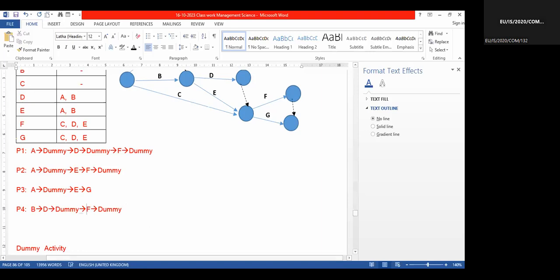B, D, B, D, dummy, F, dummy. Right? Then again, path 5.